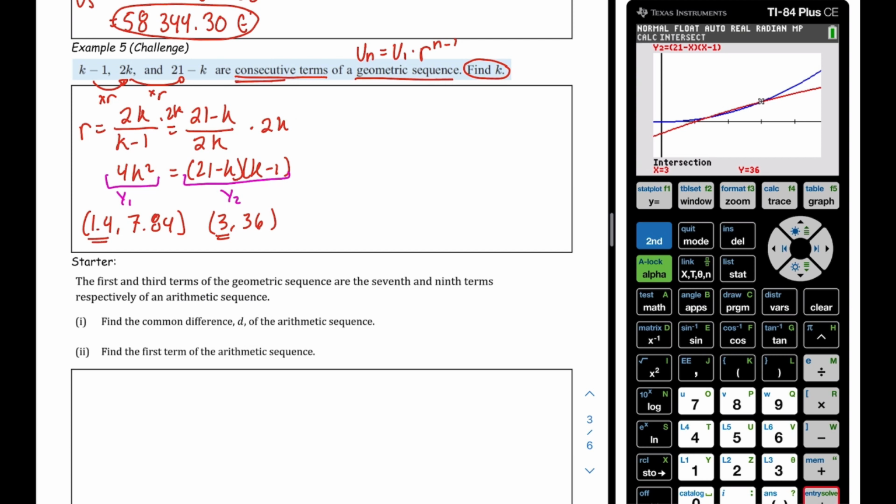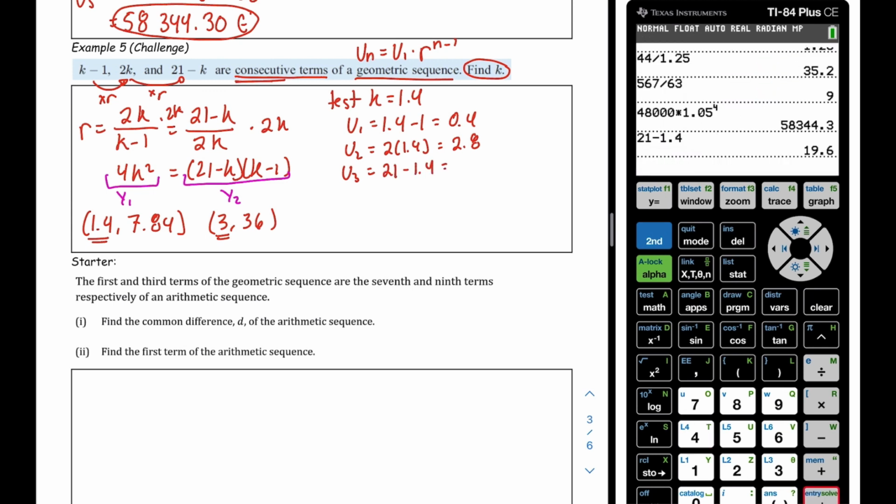And let's check which one works. So if we test when k is equal to 1.4, our first term would be 1.4 minus 1, so 0.4. Our second term would be 2 times 1.4, so 2.8. And our third term would be 21 minus 1.4, so we would have 19.6.